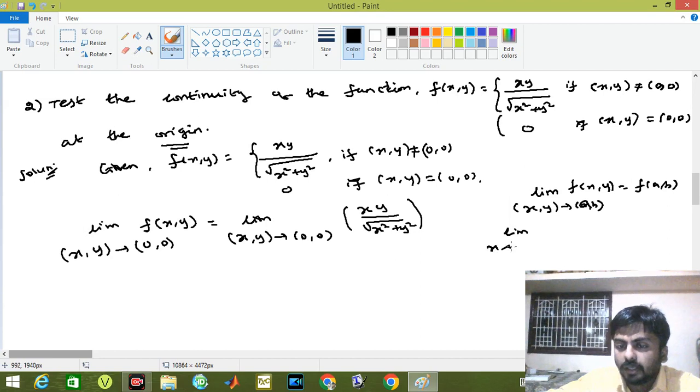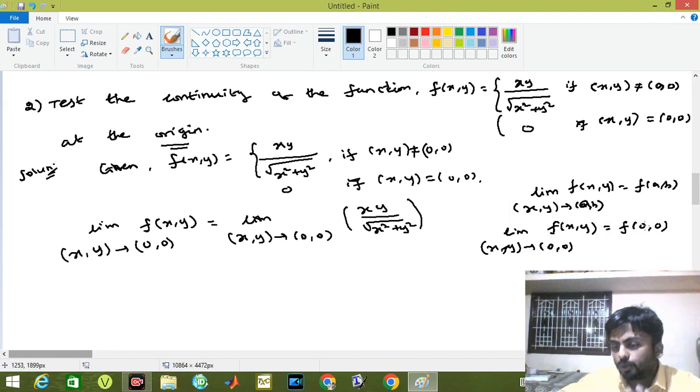Limit x comma y tends to 0 comma 0 of f of x comma y equals f of 0 comma 0. You should get f of 0 comma 0 if it is continuous. This is what we are going to prove. So take it down.